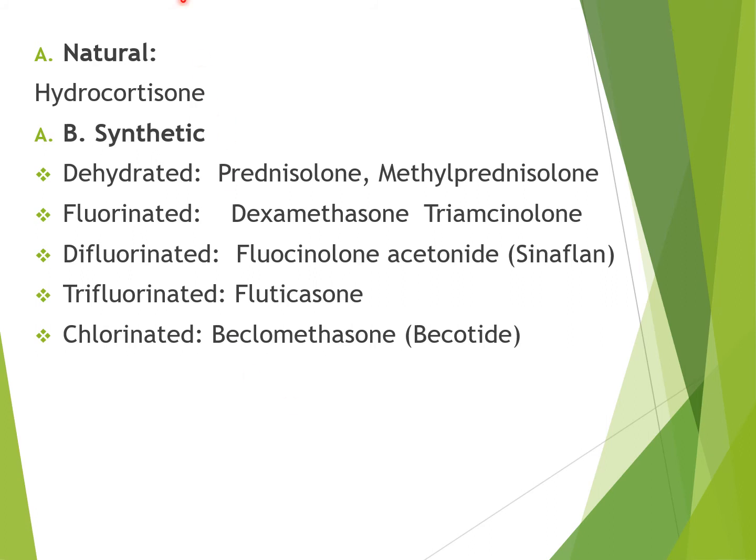Synthetic drugs: dehydrogenated prednisolone, methylprednisolone, which belongs to synthetic agents, fluorinated dexamethasone, triamcinolone, and difluorinated fluocinolone acetonide. The name of the drug is Sinaflan. Trifluorinated fluticasone and fluorinated agents beclomethasone, which is a famous drug name, Becotide.